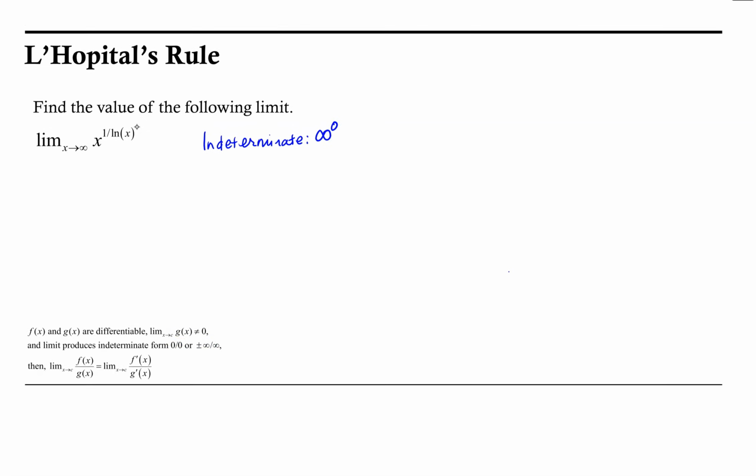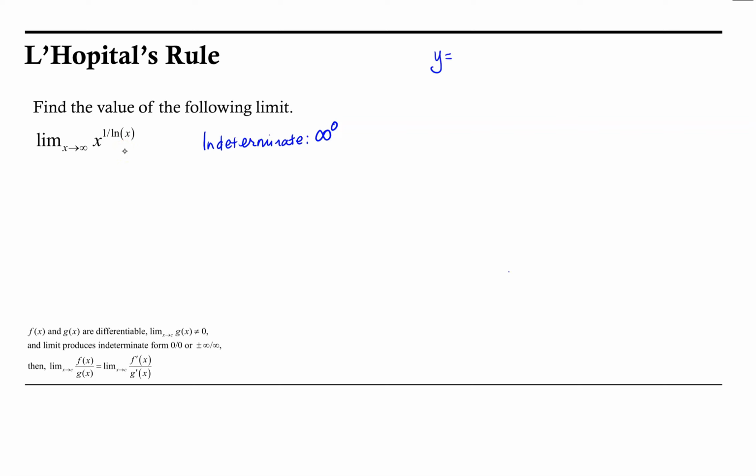So we will need a strategy to move part of this indeterminate form, more specifically this exponent, out of an exponent. So let's go ahead and focus on how we can rewrite this function in an equivalent form.